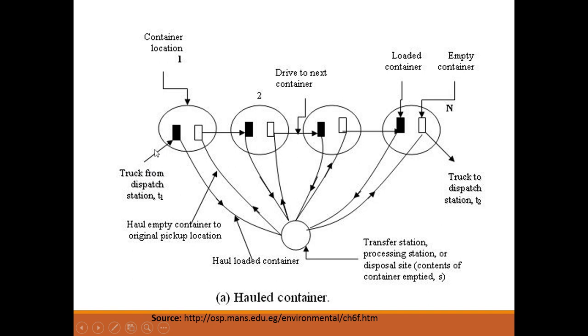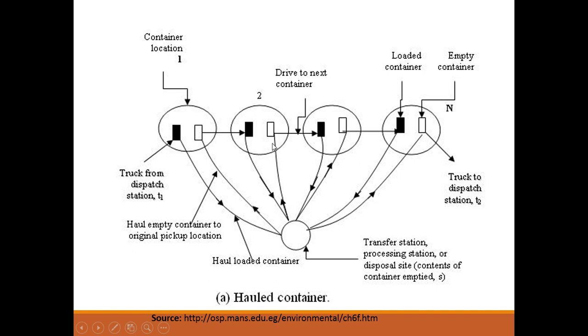A truck is dispatched to collection point 1, where he will collect a full container. The full container is then transported to the disposal site. Then he continues back from the disposal site and travels to collection point 2 to collect a full container, which is emptied.